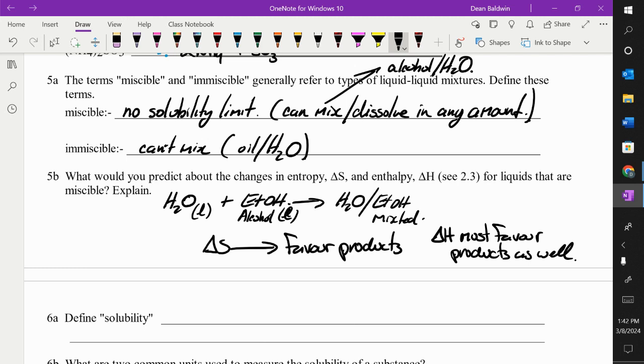It's an exothermic reaction. So you'd have plus heat or energy. Okay, does that make sense? Because if it pushed back the other way, then you're in equilibrium and it's not going to be a miscible substance.